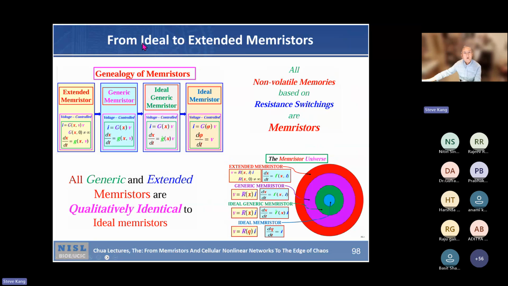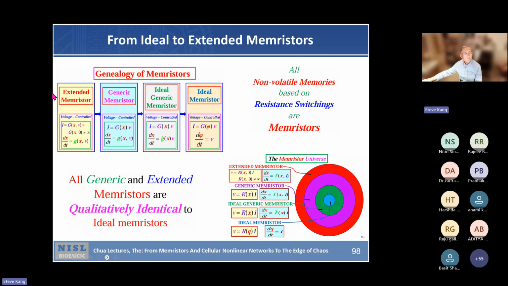So from ideal to extended memristor, it's all called memristors. The ideal memristor is shown here: V equals R(q) I, dq/dt equals I. That was the original 1971 paper. And then you have a more generalized ideal memristor, generic memristor, extended memristor, and then the whole memristor family. So now the extended memristor is called memristor.